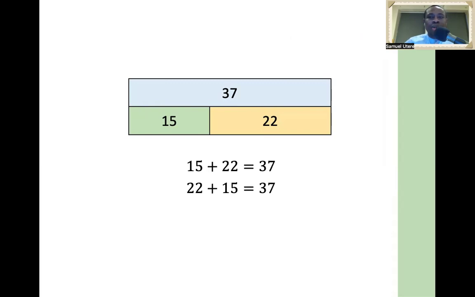Which other calculations can you see? Well, you can also see 37 subtract 22. You can also see the calculation 37 subtract 15. So hopefully you were able to find these different calculations that we can deduce from the known facts about the bar model.